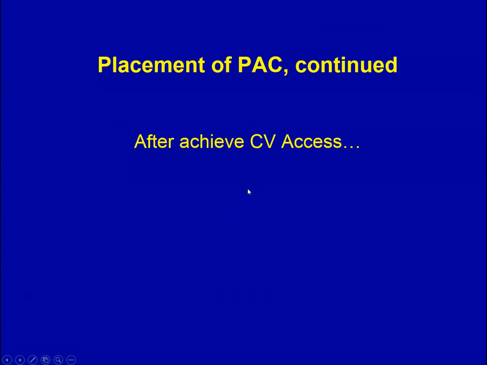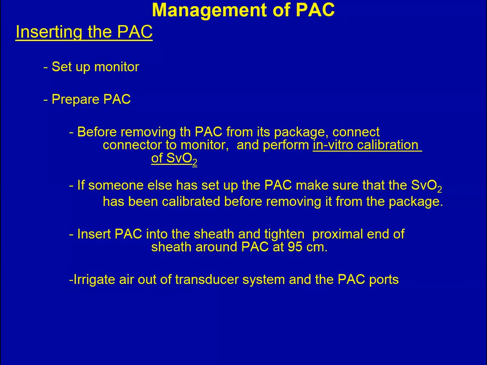After you have achieved central venous catheter access, you're ready to pass the PA catheter. Prior to that, you need to set up the monitor and prepare the catheter. Remember, before removing it from the package, you must do the in vitro calibration.